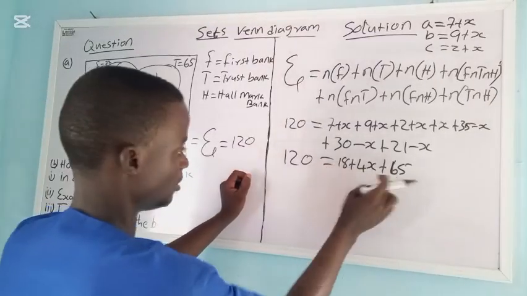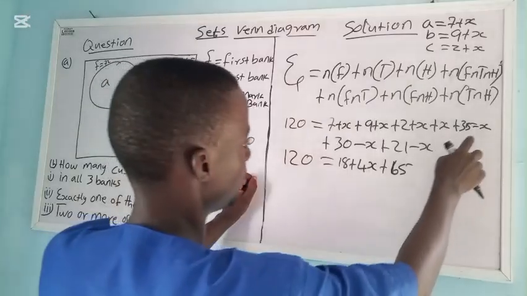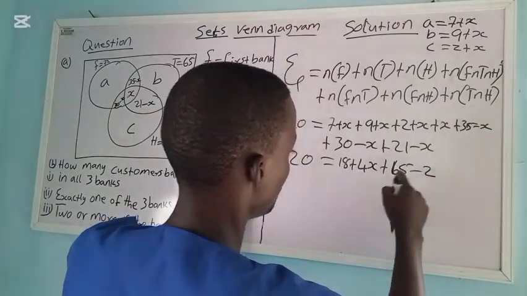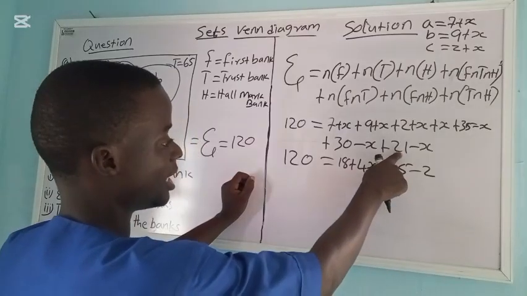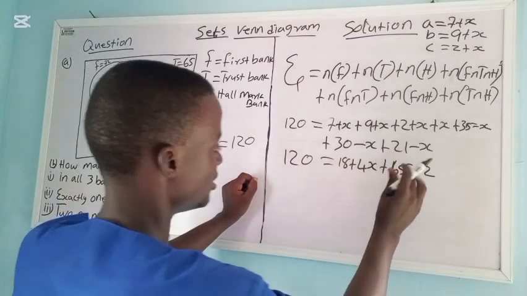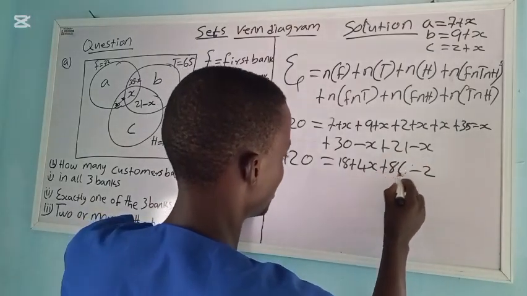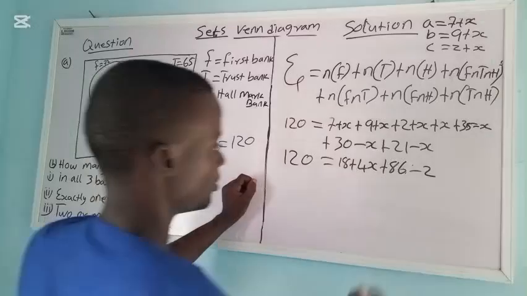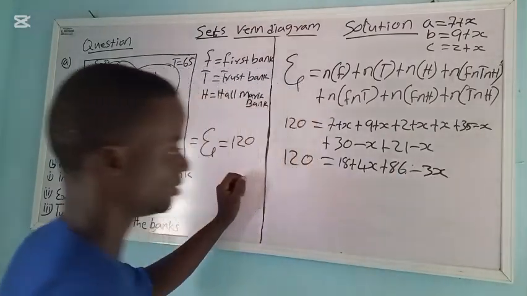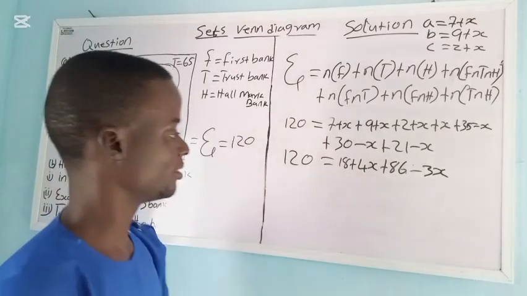We will still join it together, but I want to break everything down. Then plus this one, which is 86. I'm sorry. So we'll now have minus 3x.